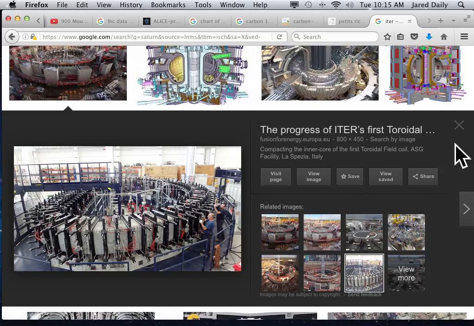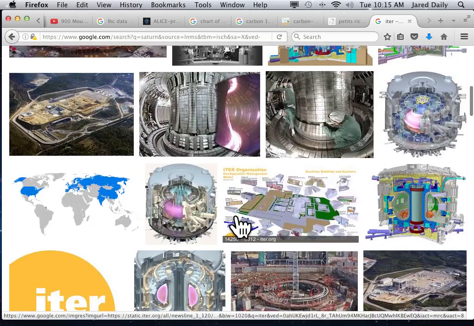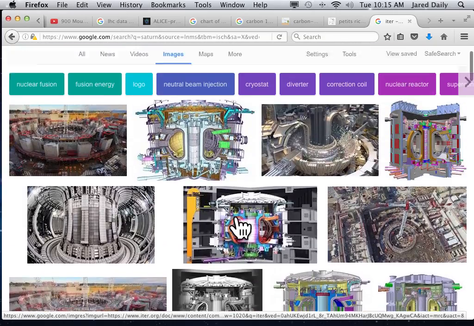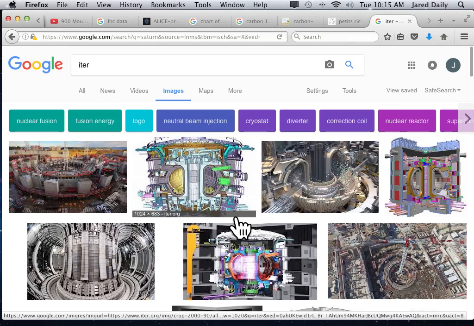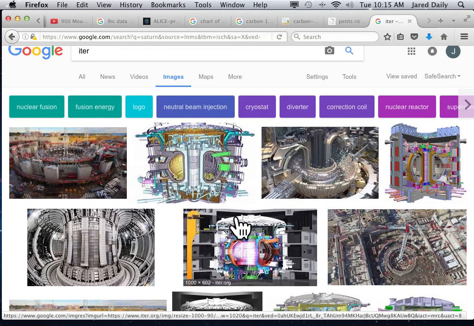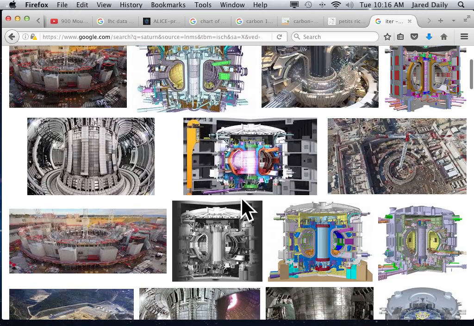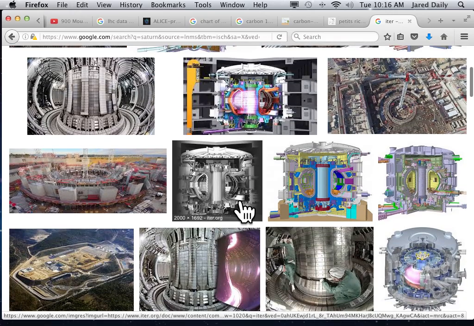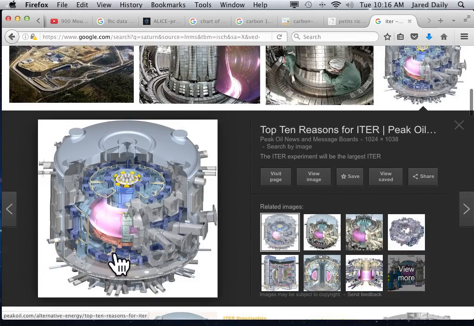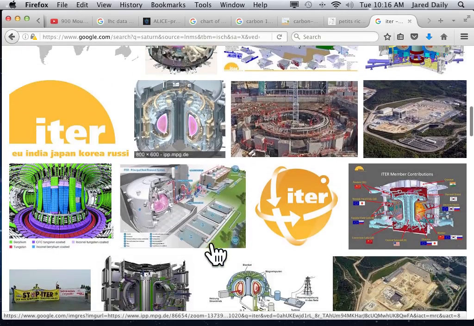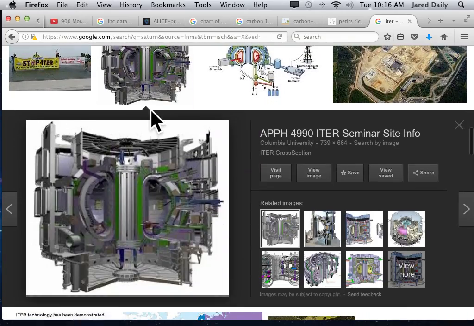Here, this is just the bottom of the reactor. What they're trying to do is create that fusion reaction inside of the reactor. So here we go.